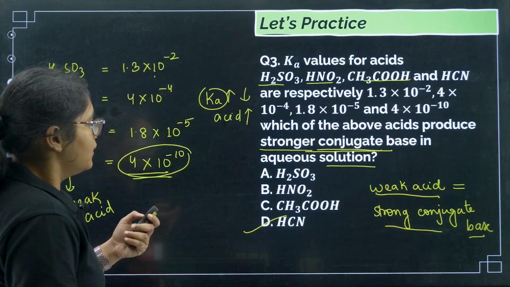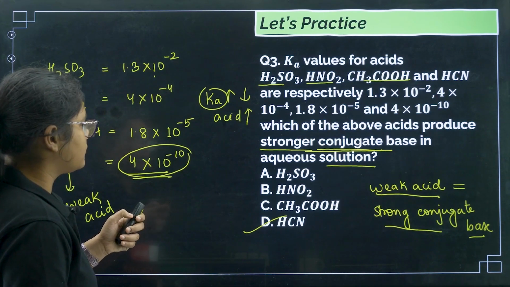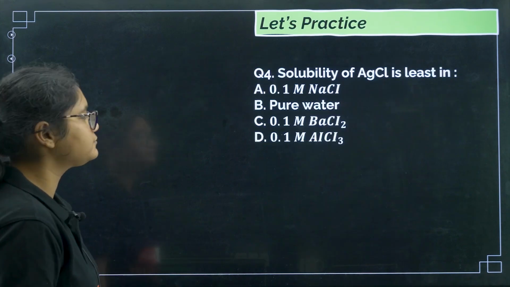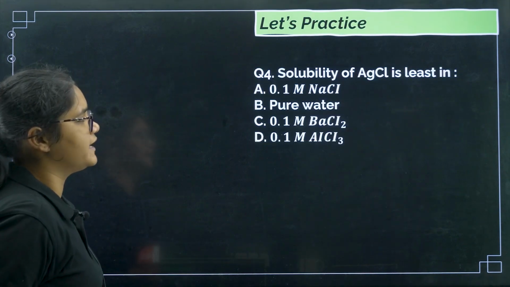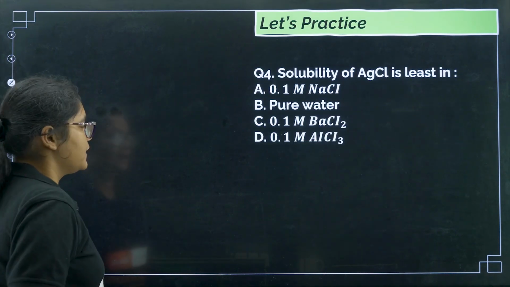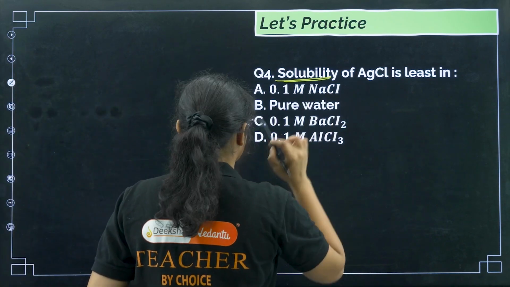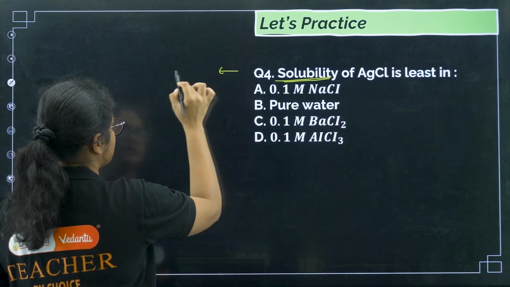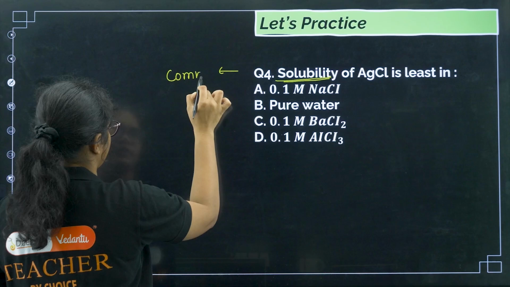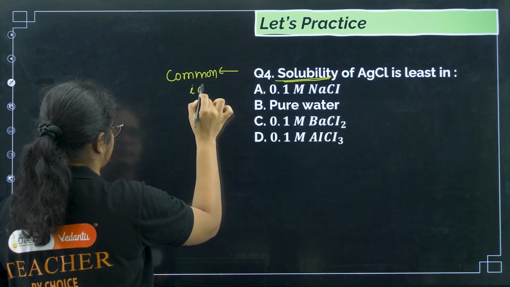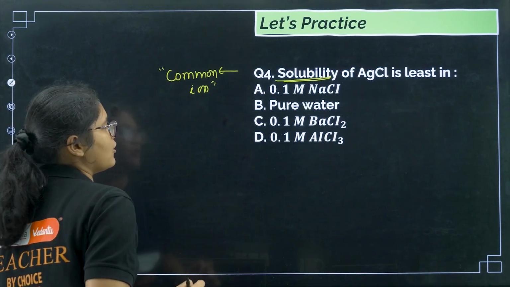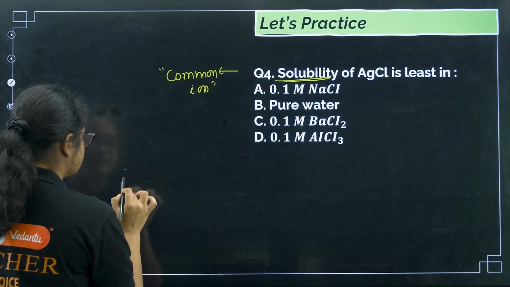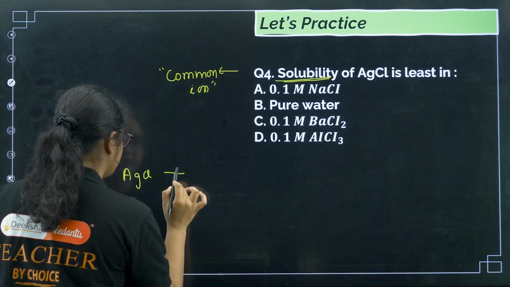Okay, fine. Now let us go to the next question. Solubility of AgCl is least in. While talking about solubility, we left one topic, that is common ion, which I already discussed in the acidic concept. Now, if you have taken AgCl, how will it dissociate?